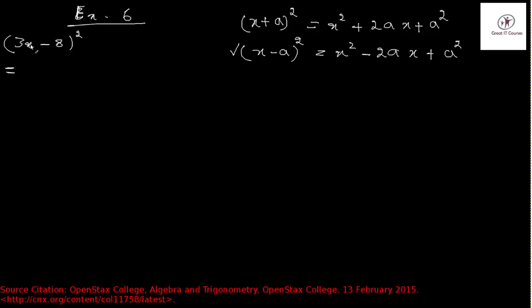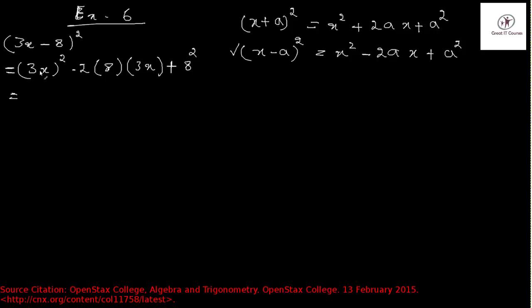So this is basically, first of all, x squared, and x is 3x, the first term over here, so 3x whole squared, minus 2 into a, which is 8, into x, which is 3x, plus a squared, and a is 8, so 8 squared.